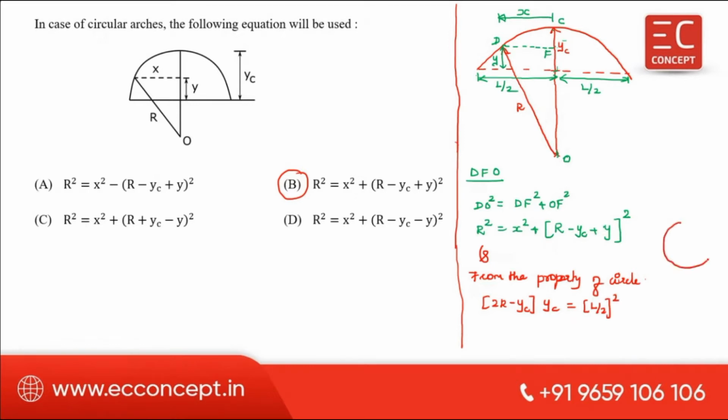For example, this is the circle, this is the point, YC, and the remaining is 2R minus YC. And this is L by 2, this is L by 2. Now L by 2 into L by 2 is equal to 2R minus YC into YC. The product of this length and this length is equal to the product of this side and this side. So this is also a property of a circle.